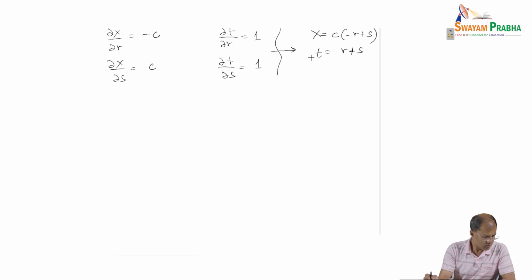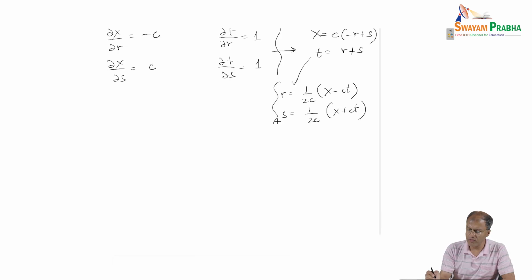Then my r is 1 by 2c times x minus ct, and s is 1 by 2c times x plus ct.